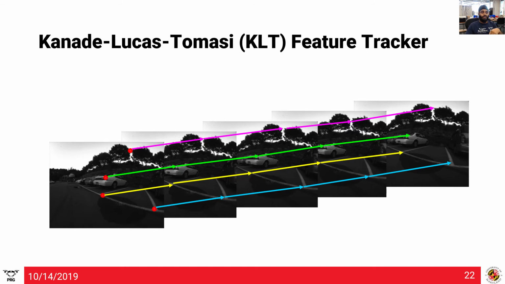So you see that this point is being tracked over 5 different points, right? You're going from here to here, and you have this feature tracked over different continuous frames, right? So this is what the Kanade-Lucas-Tomasi feature tracker does.